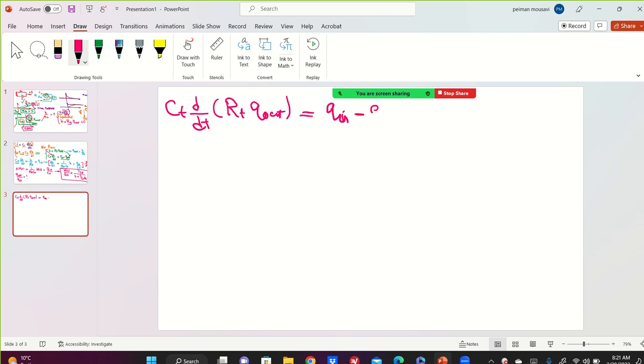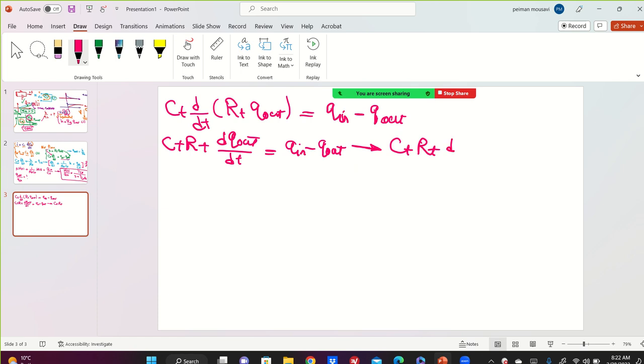Obviously, this CT RT is going to be dQ out, because RT is constant, over dt equals Q in minus Q out. Moving Q out to the other side, CT RT dQ out over dt plus Q out equals Q in.